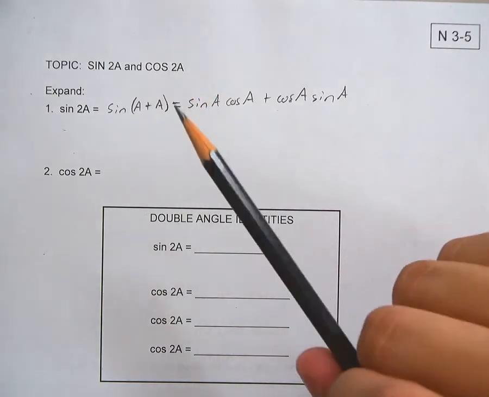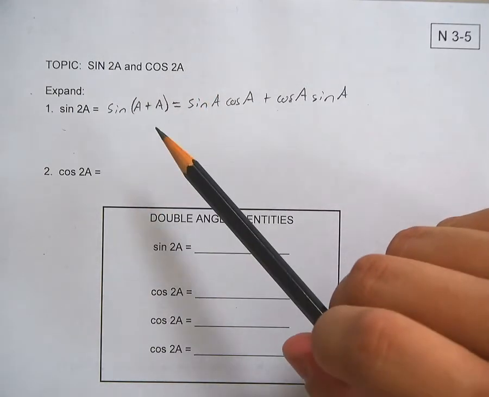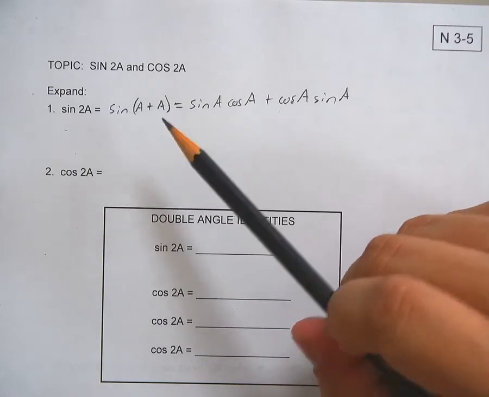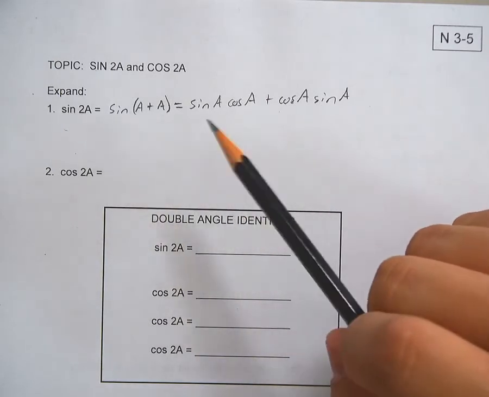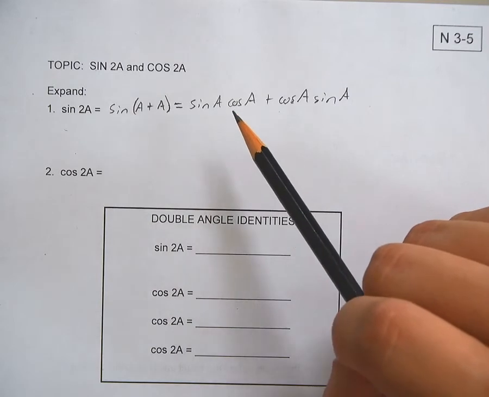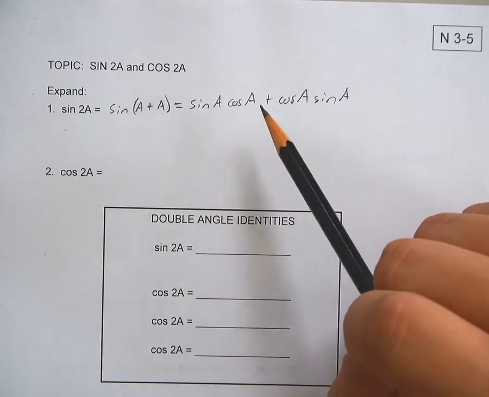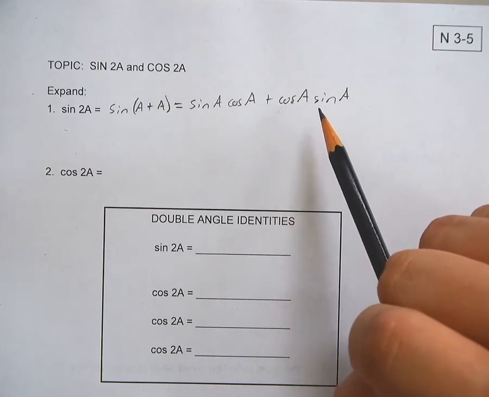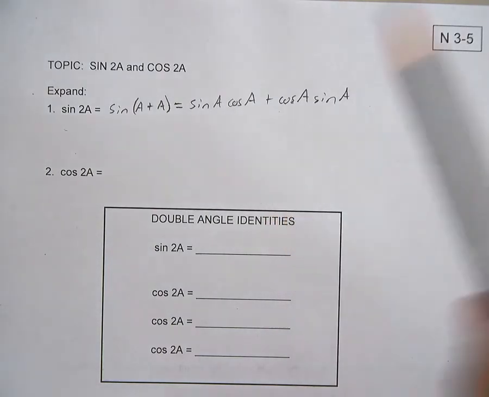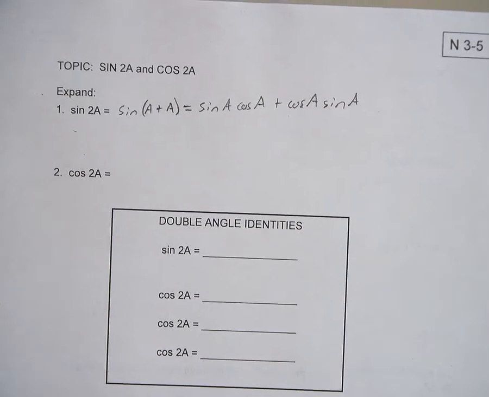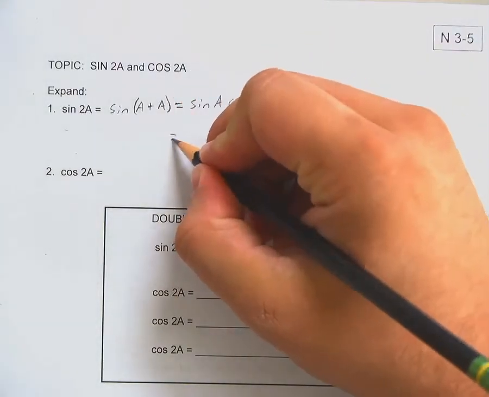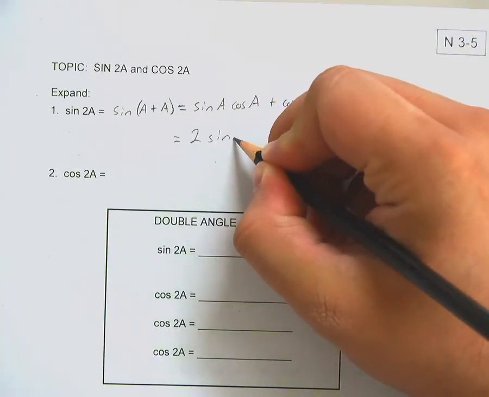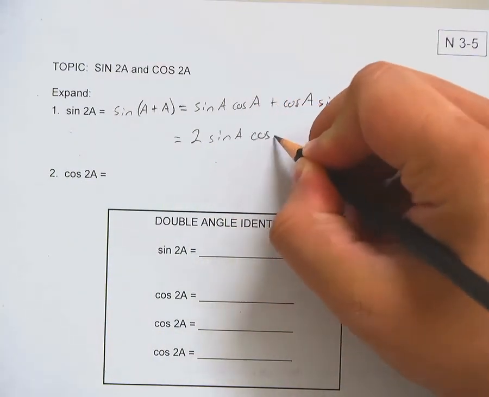So if the case happens to be that the angle is the same, instead of a plus b, it's a plus a, look at what happens here. We've got sine cosine of the same angle plus sine cosine of the same angle. So we are adding, and we can combine this into 2 sine a cosine a.